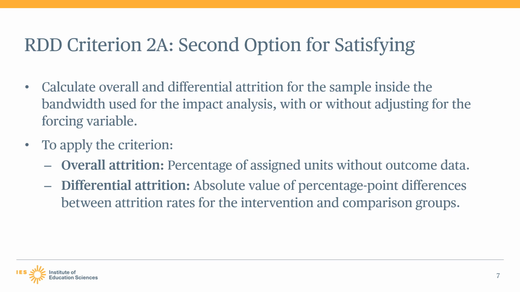For example, if researchers used a bandwidth of 30 points around the cutoff to estimate the intervention impact, they would use the same bandwidth of 30 points around the cutoff to estimate overall and differential attrition. Although the researchers need not adjust for the forcing variable using this approach, other than applying the bandwidth, the value of the forcing variable must be known for all units so that the bandwidth can be applied.